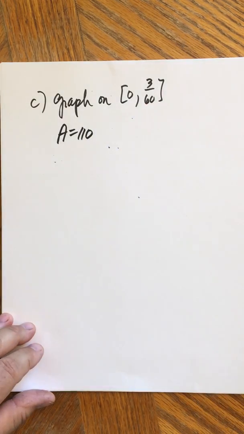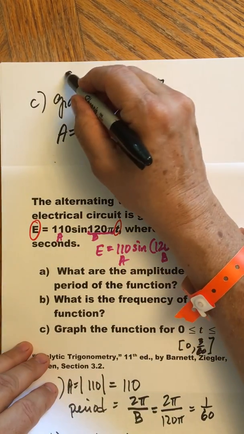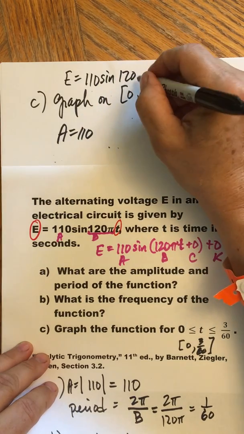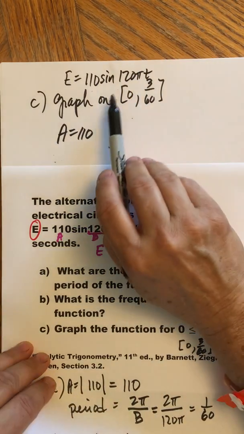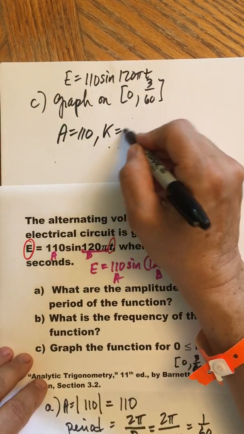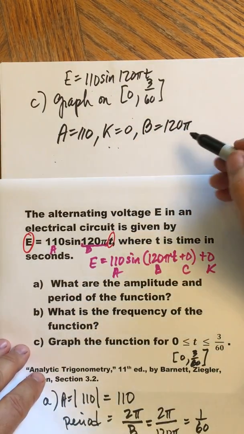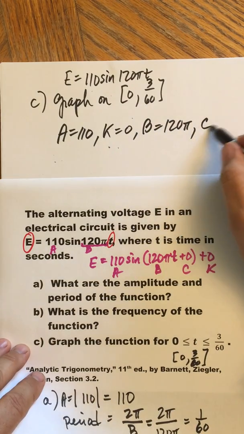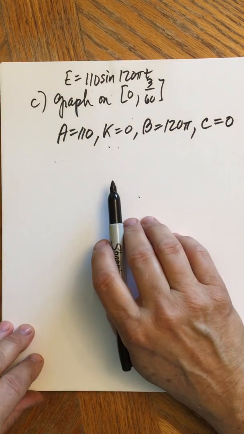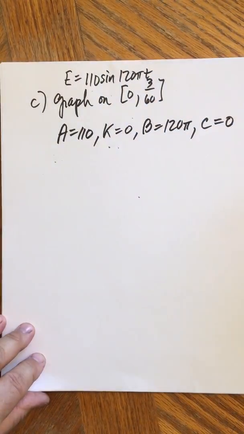Let's take a look back at the equation: E equals 110 sine of 120 pi t. We know that there is no k, k is 0. We know that b is 120 pi, and c is also 0. So as we go to graph, we already know the period we found in part A is 1 over 60.